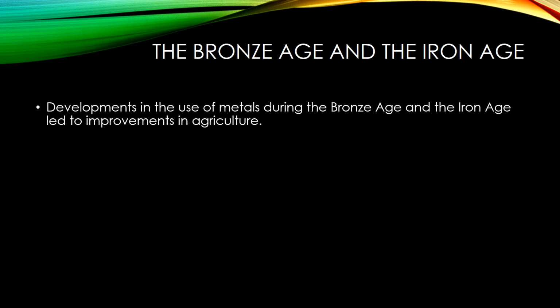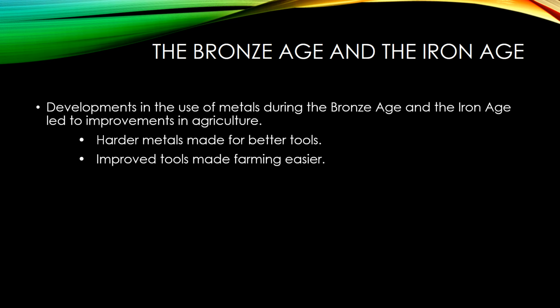So we're moving from stone-made tools into bronze and iron, learning metallurgy, learning how to smelt metals and to mold and shape them into tools that are much stronger, can be much sharper, and can be used much longer than these stone tools. So this helps expedite the process, especially in agriculture. These harder metals made for better tools. These improved tools made farming easier, and agriculture could be carried out on a larger scale.